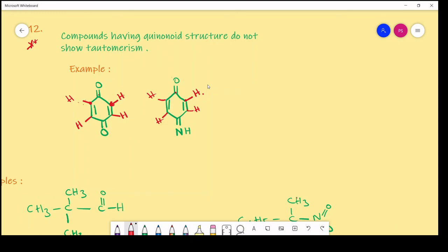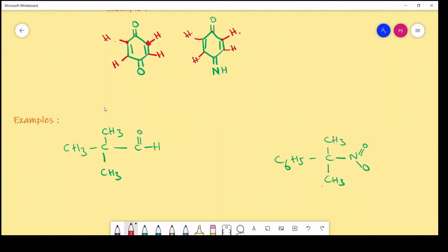If alpha hydrogen is present, whether they are saturated or unsaturated. If these three conditions are satisfied, then that compound shows tautomerism. If any one of these three conditions is not satisfied, that compound doesn't show tautomerism. Is it clear? So based on these rules, we will see few examples whether they show tautomerism or not.